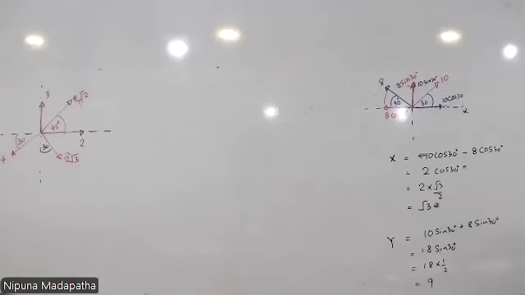Right. So we start with here. Now forget all other vectors. Only consider this vector 2. It's along the x direction. That means the angle made with the x direction is 0. Right?